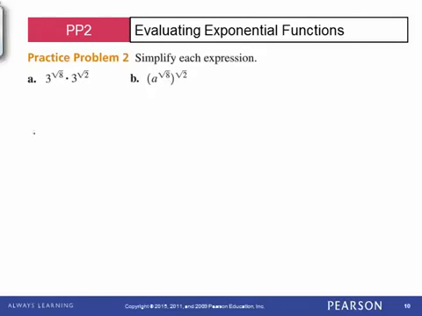So with a, what's going to happen here is that I have a multiplication with a base of 3. Therefore, I'm going to have to add these exponents together. But we know that square root of 8 and square root of 2 cannot be added together unless you have the same exact root. But 8 is 4 times 2. So technically, isn't square root of 8 really 2 root 2?